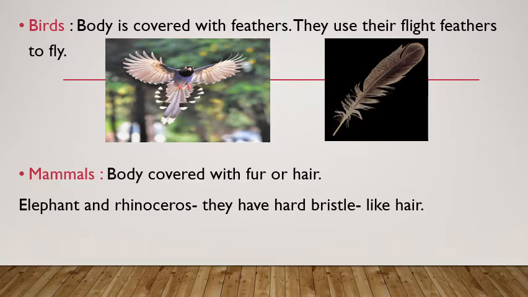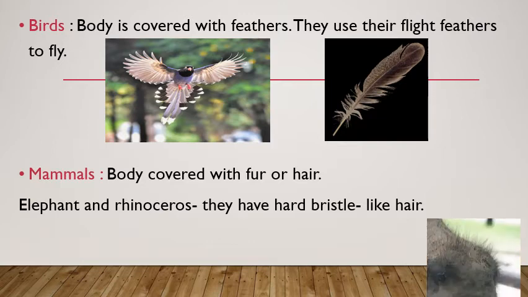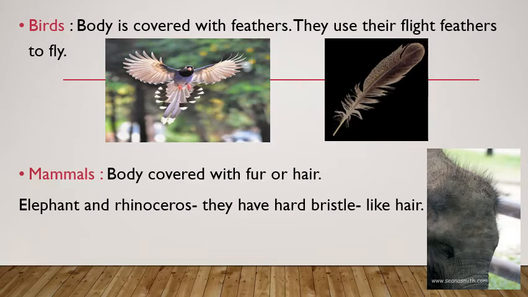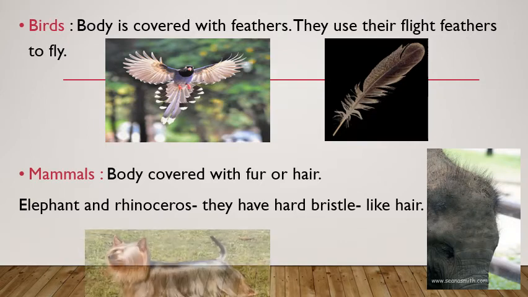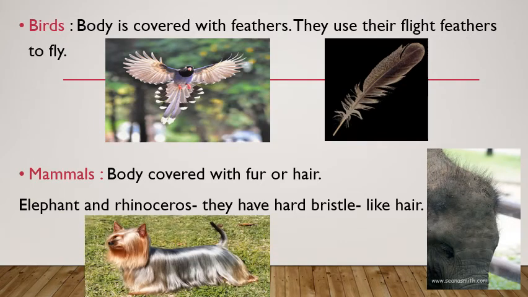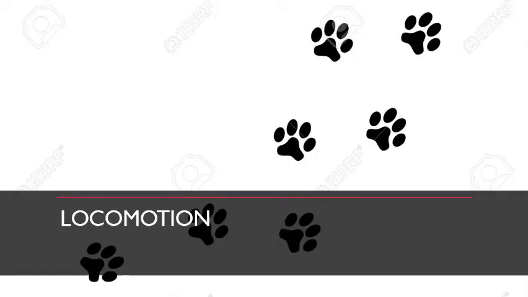Bristle means it is easily breakable, so they are called bristle-like hair. You can see the picture of the elephant with small little hairs, and the beautiful example of the dog having a lot of fur on the body. A dog is also a mammal.